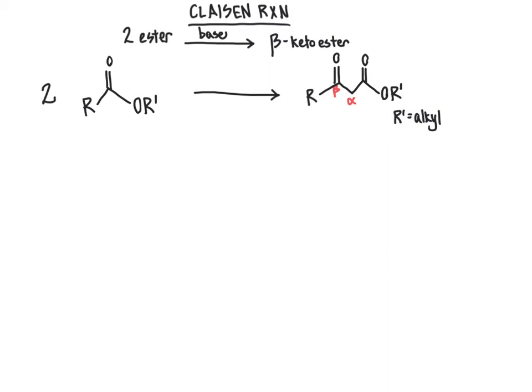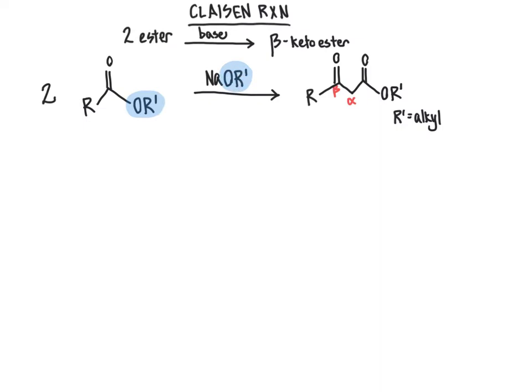And the particular structure of the base that we use has to have an R group that matches what we have here as R prime. So the base that we use would be an anionic base, in this case NaOR prime, where that R prime is defined as the same structure that we had over here.